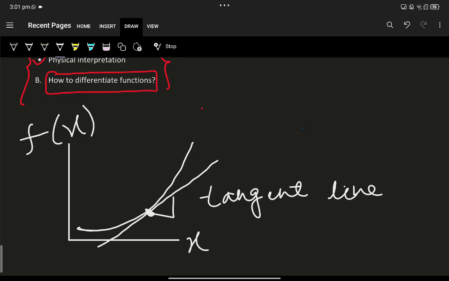So the tangent line of the graph is basically the slope at that point. The slope at that point is the derivative of the graph. So the slope at this particular point on the x-axis is the derivative of this graph, that is f of x.